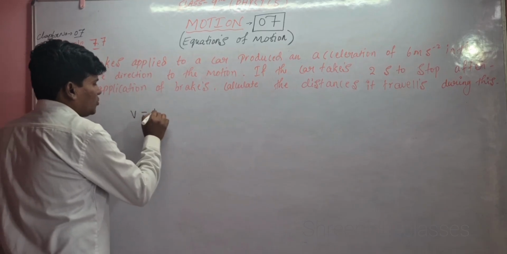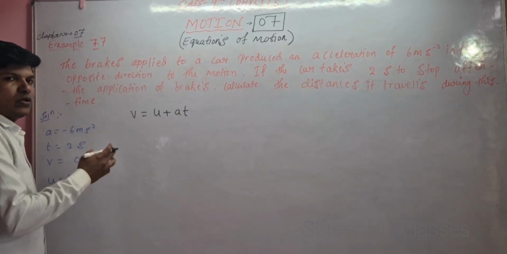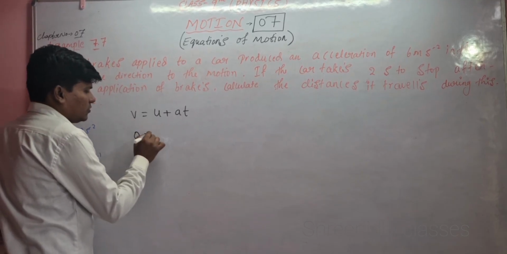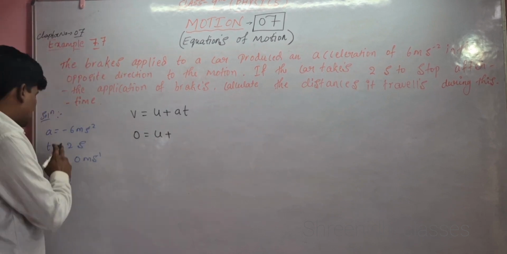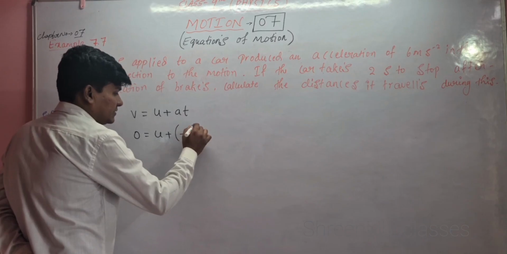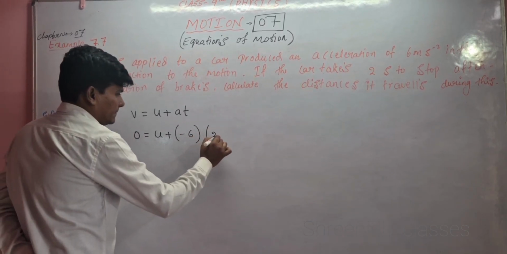V is equal to U plus at. We don't know the U, but we know the V. 0 is equal to U plus, again, what is the acceleration? The 6. So minus 6 and the time is 2 seconds.